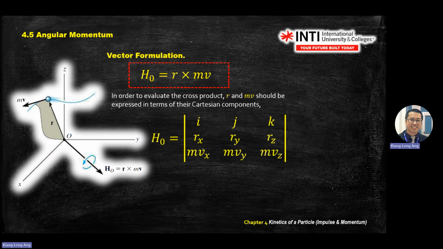When you analyze vector cross, you can use matrix form. This is what you learned in your Maths 3 or Maths 2, I forget already. So you know that your r has ijk, and mv, the velocity, has ijk also. You put your r in the first row, mv in the second row.